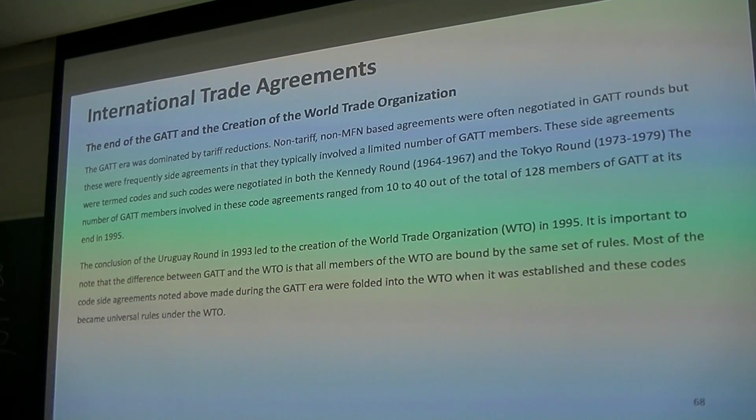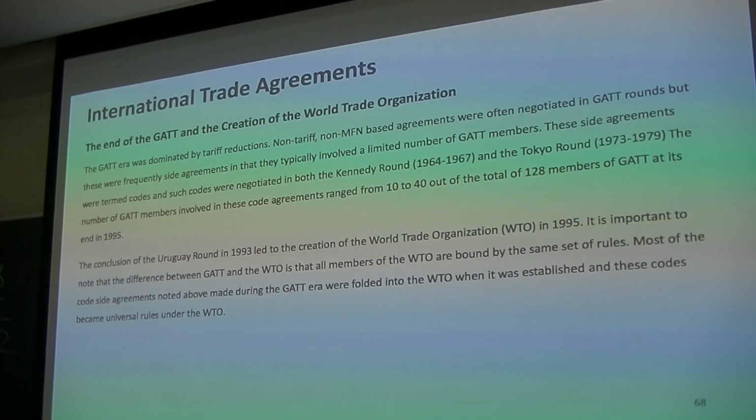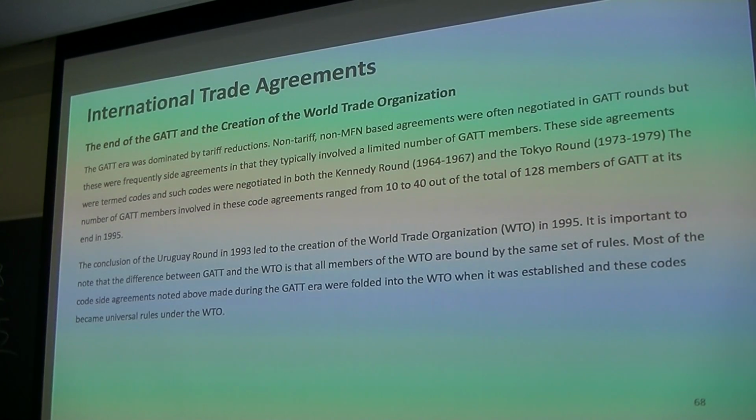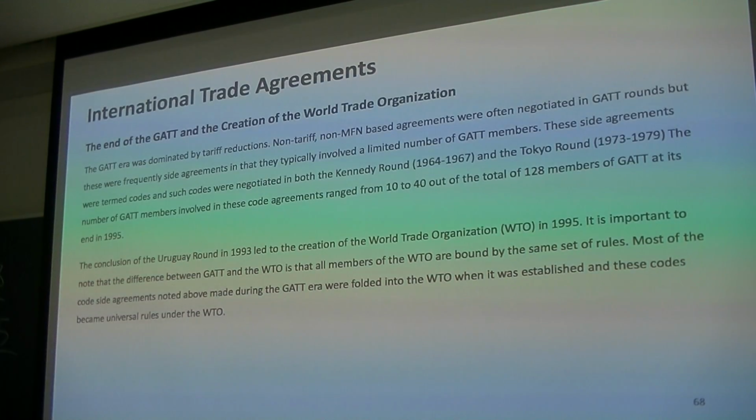That was what the establishment of the WTO provided: these side agreements, which had been made by subsets of the main group, were folded back into the WTO when the GATT was eliminated and it became the WTO. So all of these side agreements became part of the whole agreement. That was the accomplishment of the creation of the WTO: now all of those side agreements were universal rules for trade.